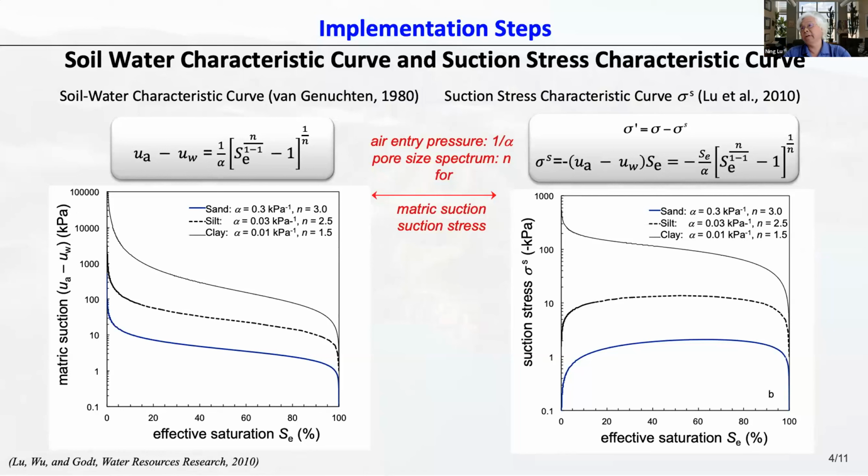The other, also very important, is how the slope is ultimately going to sustain stress, and that is the so-called suction stress, which can be characterized from the soil water characteristic curve, because we find the relation between the two of them and they share common physical parameters.